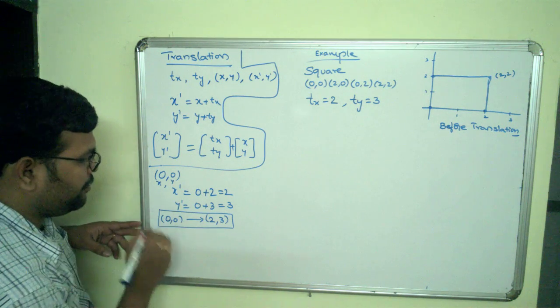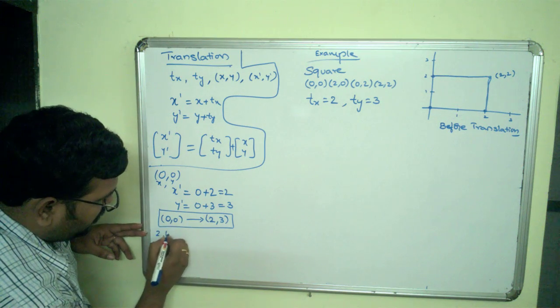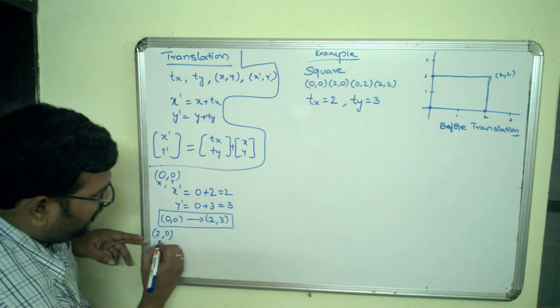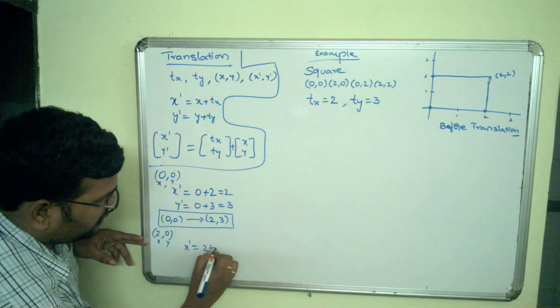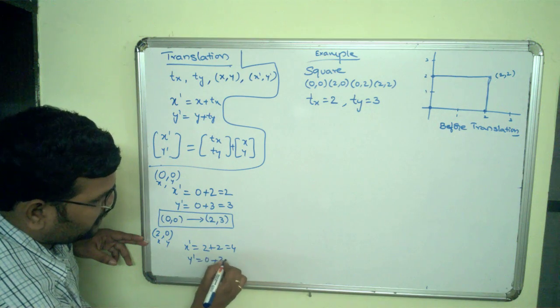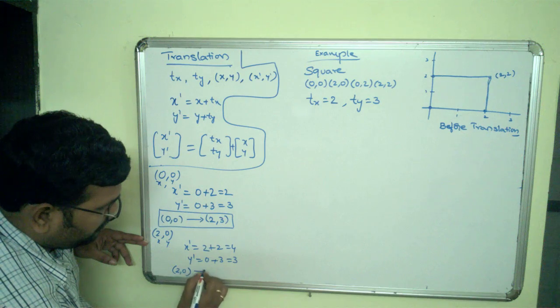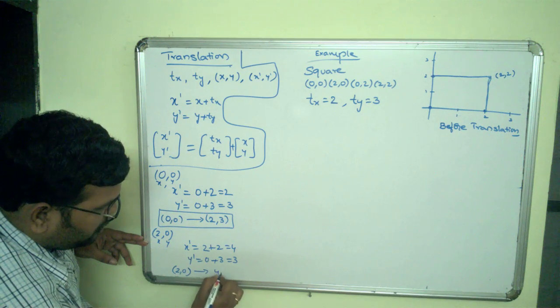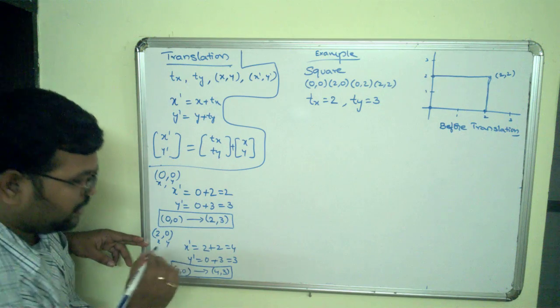This is one point. Consider the second point (2, 0). Here this is x and this is y. So x dash is equal to 2 plus 2 is equal to 4. Y dash is equal to 0 plus 3 is equal to 3. So (2, 0) becomes (4, 3). This is the second point.